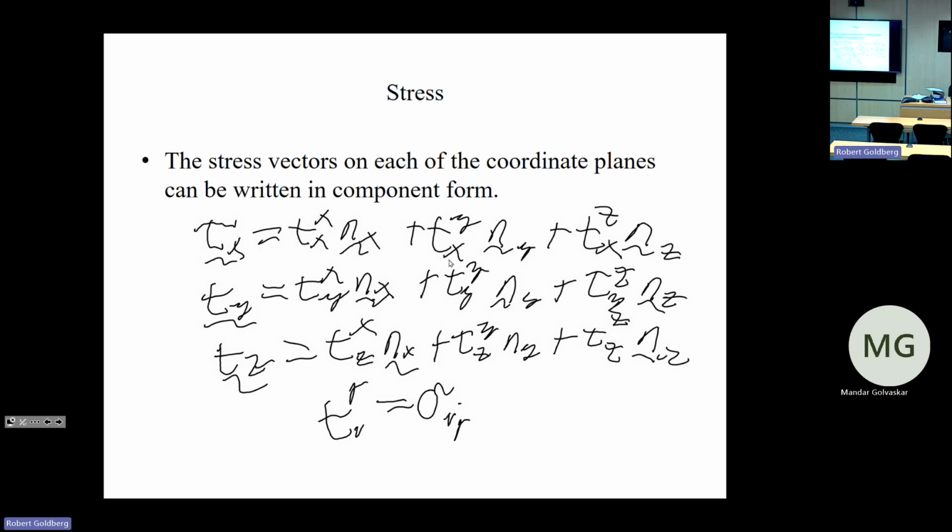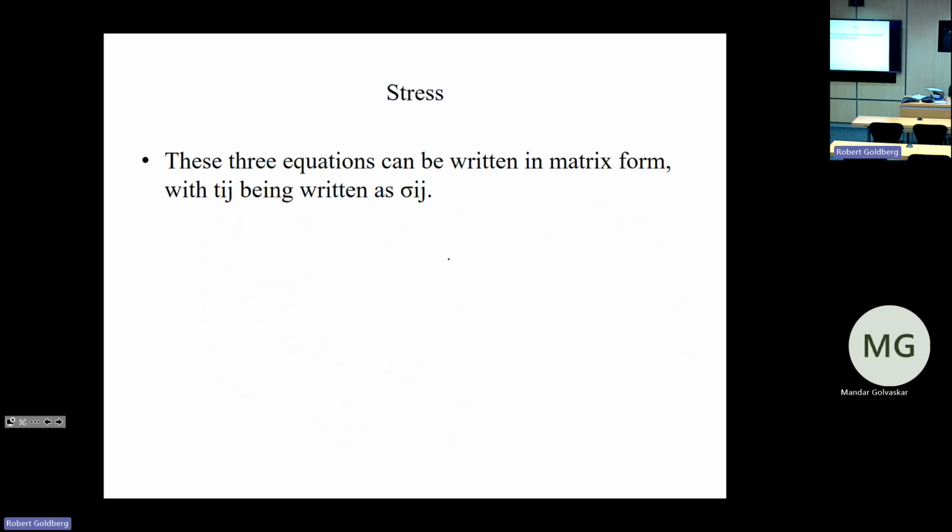We're going to call it sigma ij. So if we go ahead and do this formally, we'll write it in matrix form. We'll use 1 for the x direction, 2 for the y direction, 3 for the z direction.